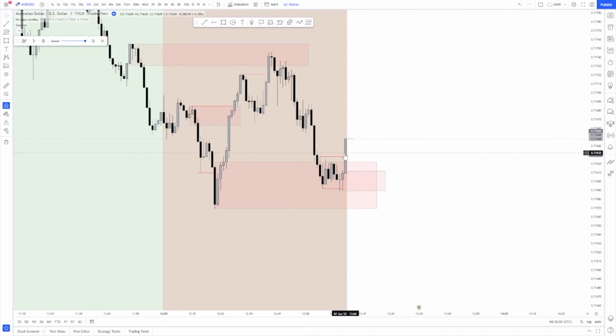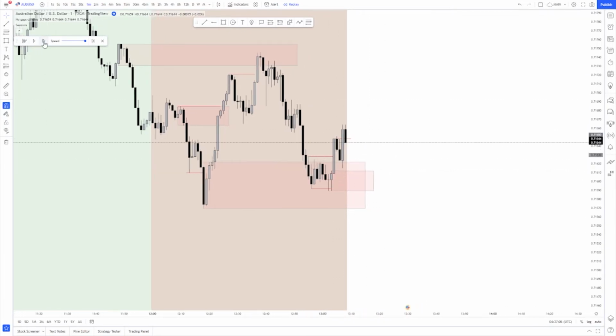But that's just the first break of structure. What happens to the second break of structure? How do we get it? So far that is the next high. What happens? Price gives us the second break of structure but did not mitigate the first OB that caused the first break of structure.